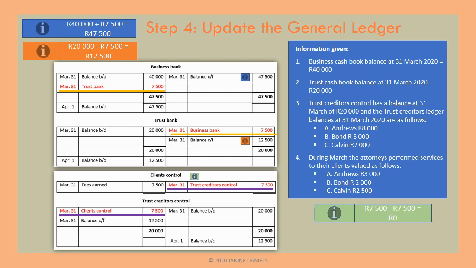The client's control account will now have no balance. This is because the client's debt was settled by the transfer of the client's money from the trust account, and hence the attorneys have no further right to receive money from them. The trust creditors control account will now have a balance of 12,500 Rand.